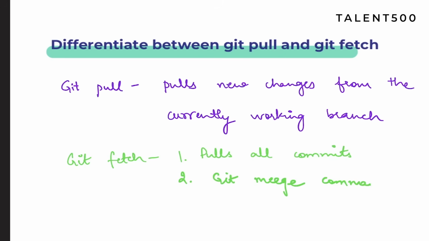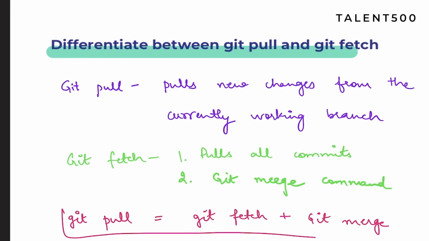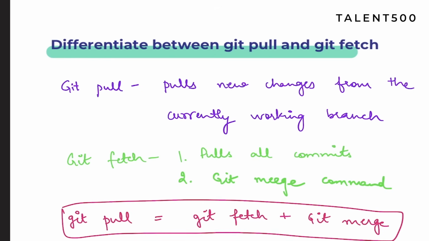So basically, the link between git pull and git fetch is that git pull is equivalent to git fetch plus git merge. It is a combination of these two. I repeat, what we do in git fetch.